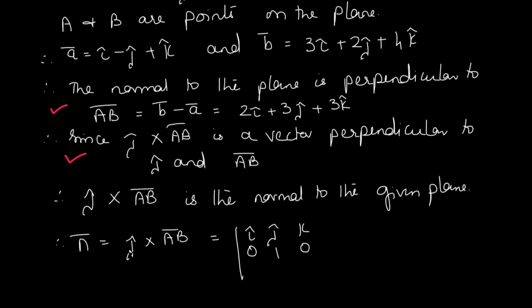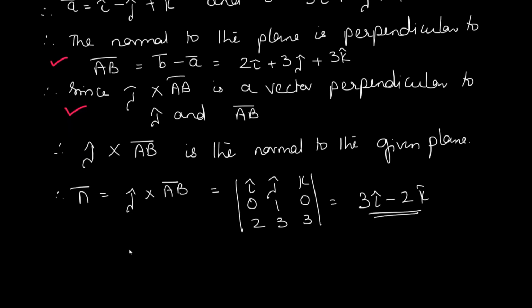So AB bar we got over here. The third row becomes 2, 3 and 3. Solving it, we get n bar equal to i into 3 minus 0, that is 3i. j into everything is 0, so j doesn't come in the picture at all. And k into 0 minus 2, that is minus 2k. So this becomes the normal to the plane.